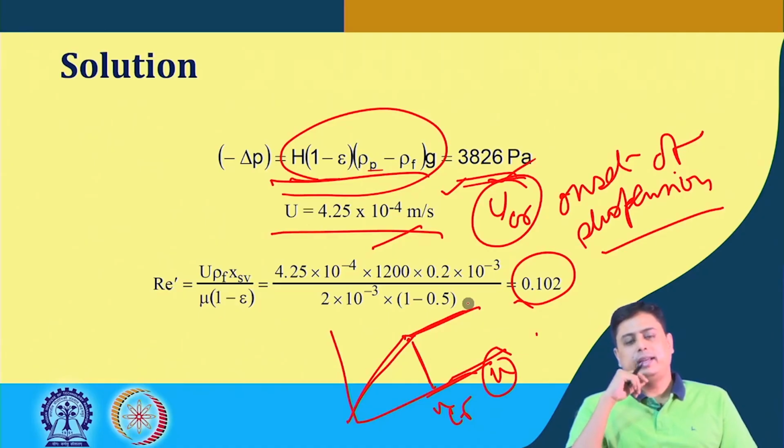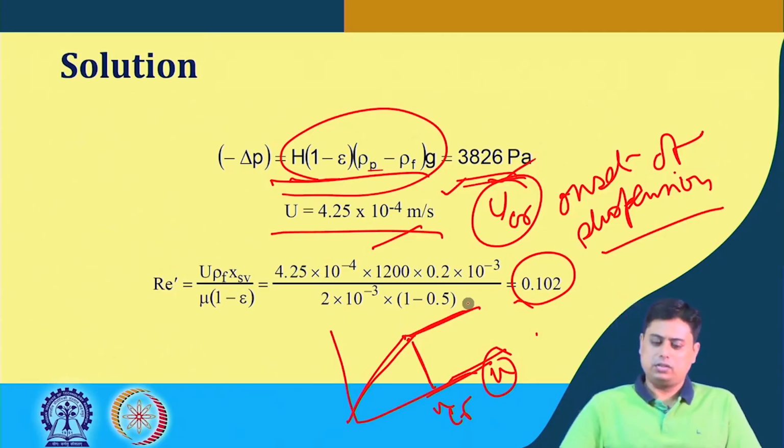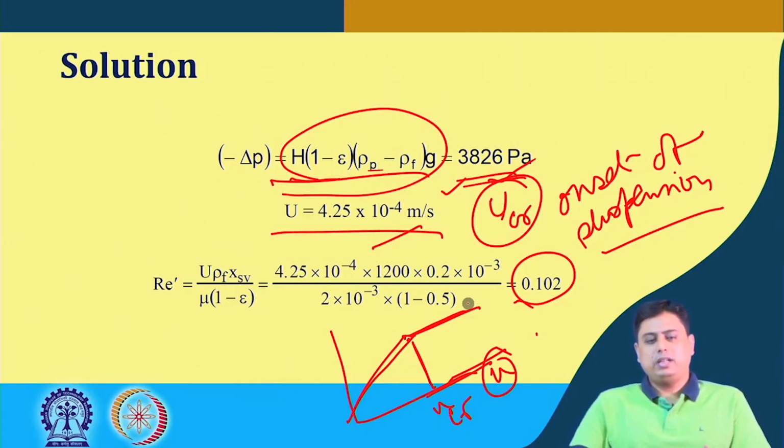This critical point we say is the minimum fluidization velocity, which we will cover in the next sections, but this is the fundamentals behind that and how it is related in this problem.